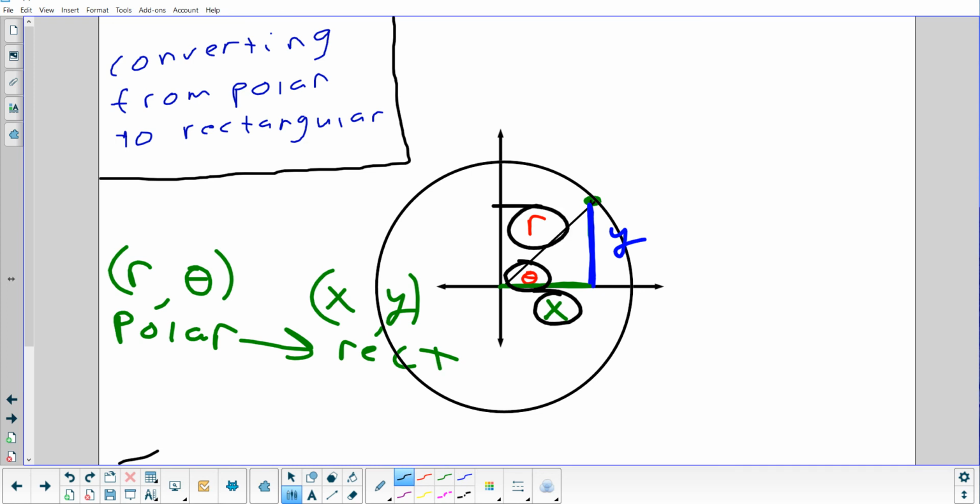Anybody remember what trig function you would use? And if you're not sure, think about the two sides that you know. What's R in that triangle? I mean, it's the radius, but what is it in the triangle? The hypotenuse.